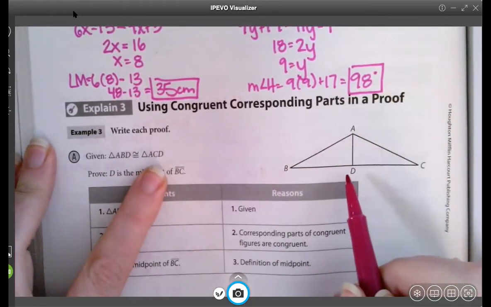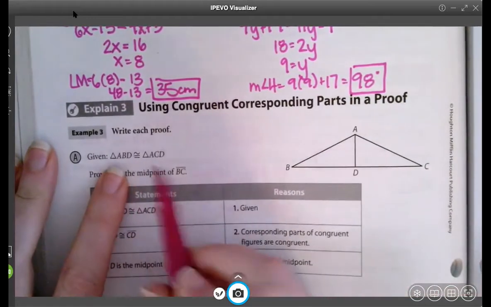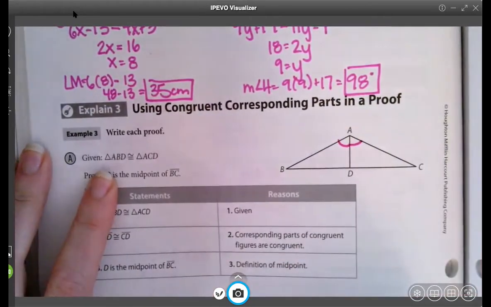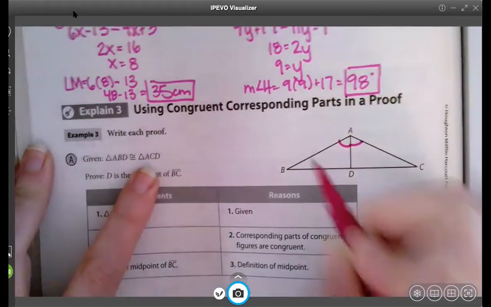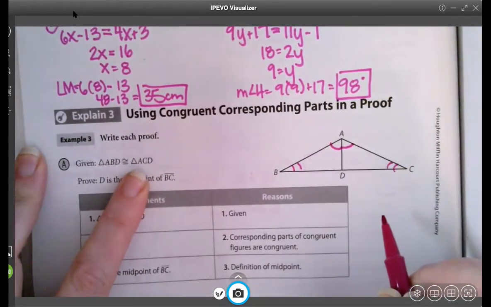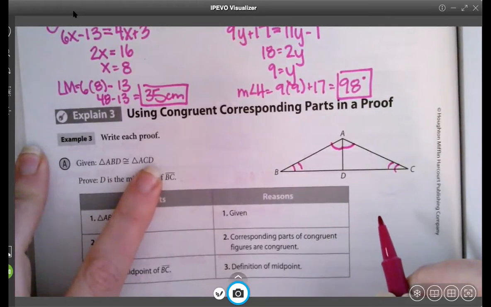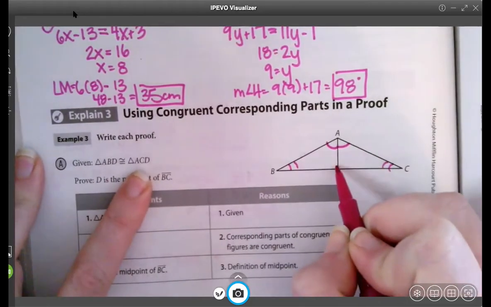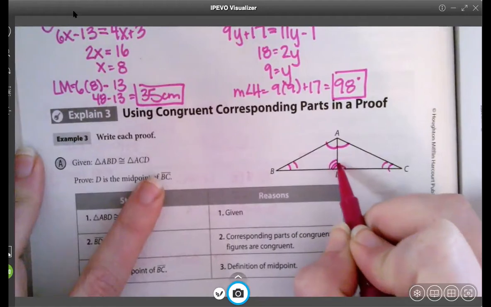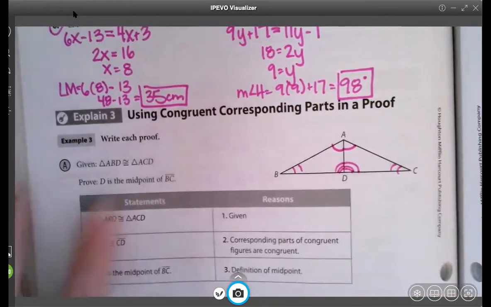So notice how that lines up. Angle A and angle A, they're congruent angles, just like that. Angle B and angle C, they're congruent angles. Angle B and angle D are congruent angles. I'm sorry, D and D. Yeah, I said B and D.